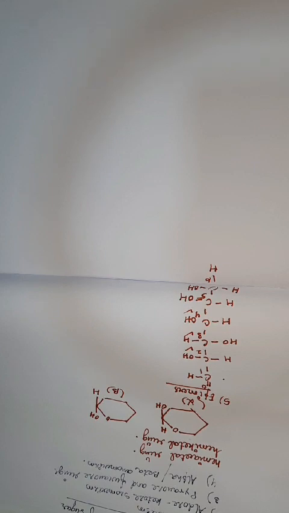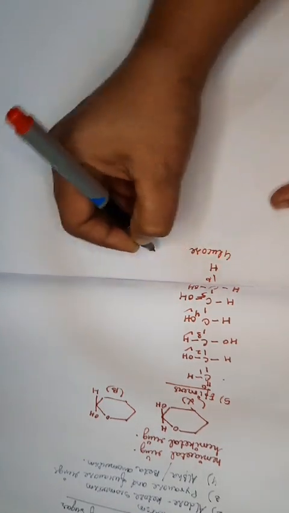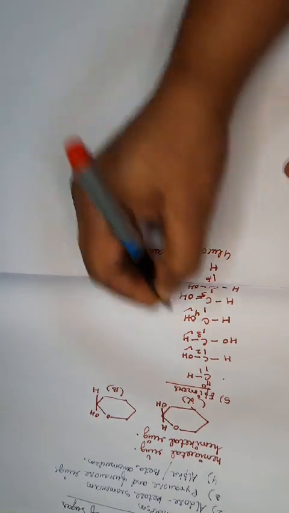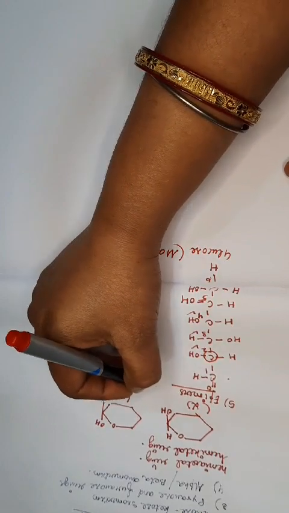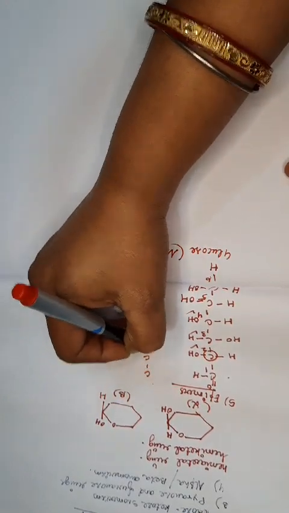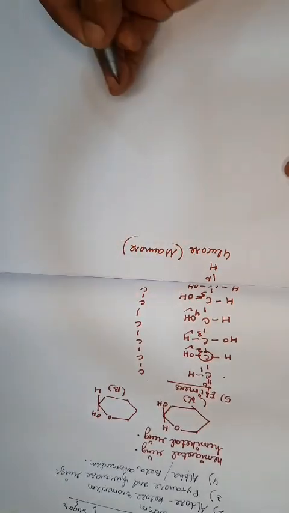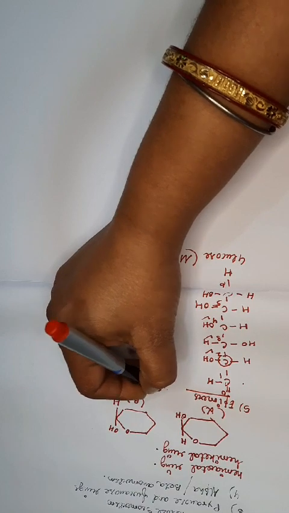So first let us consider how from glucose you are going to get mannose. Basically you change the orientation at this carbon atom number 2. So here these are the 6 chains of carbon atoms.